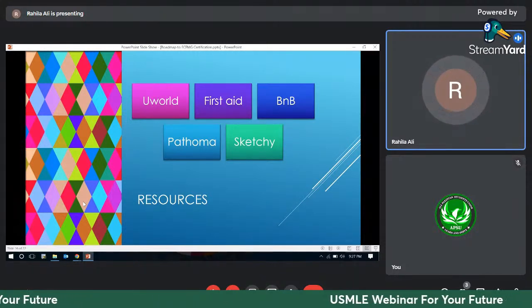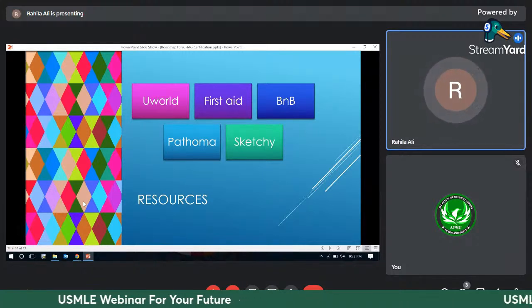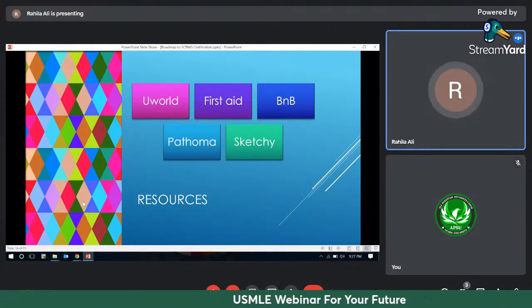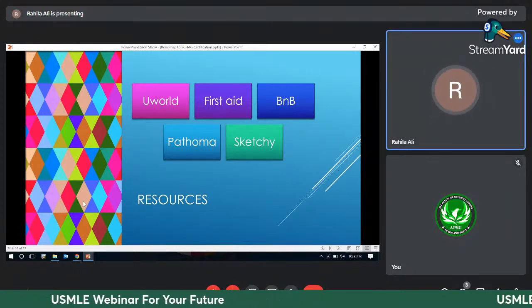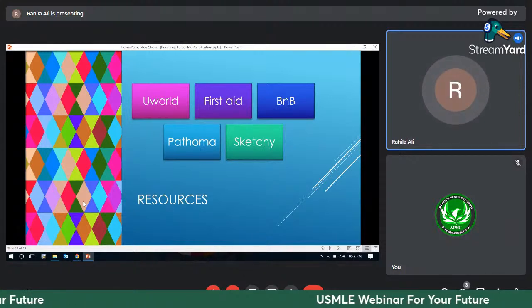So for that you can use Sketchy. Sketchy is a very important resource for me, and if it works for you, you can use it. You listen to the videos, you can have a PDF form or a book of Sketchy as well. You refer to that, you just keep looking at the pictures, and then you will remember everything about the organism.